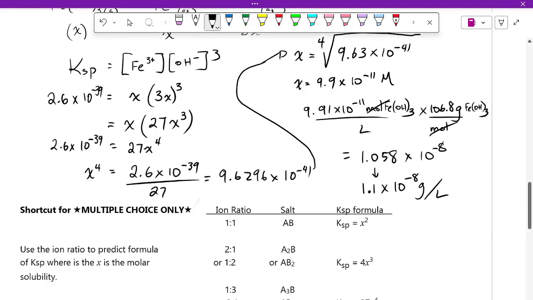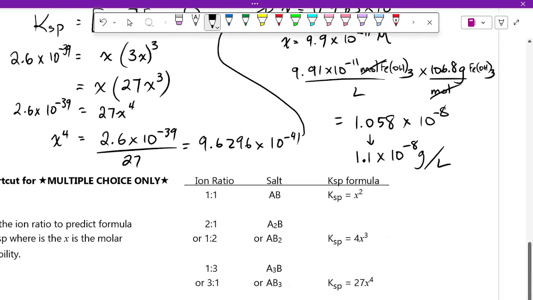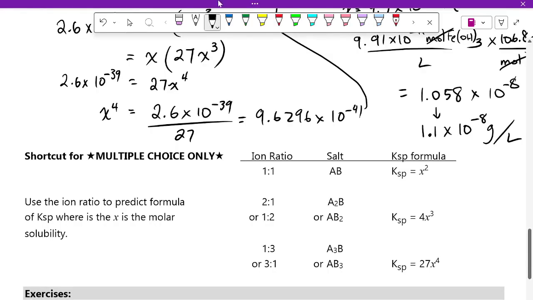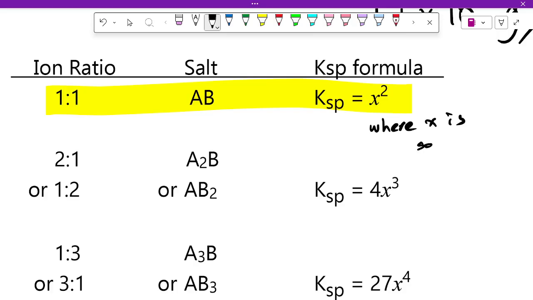But if you're doing multiple choice, you can just say, okay, I know that x is the molar solubility, and I know that at least if I got an AB salt, a 1-to-1 salt, Ksp is equal to x squared, where x is molar solubility. Probably worth memorizing that one.